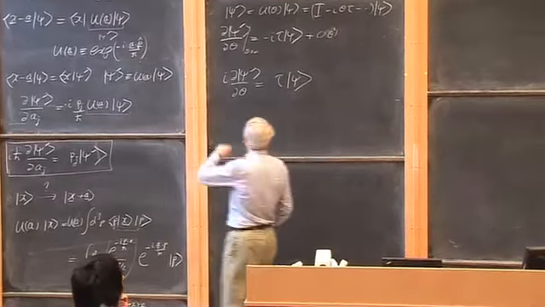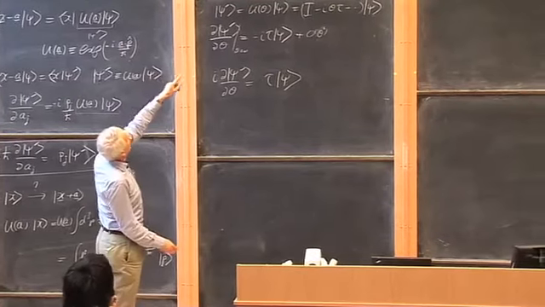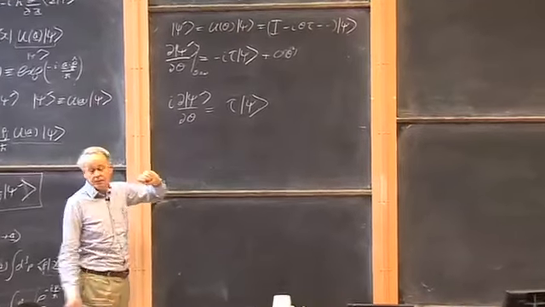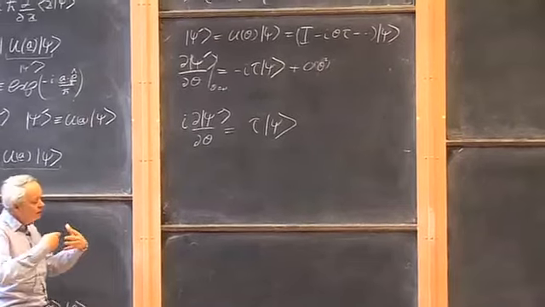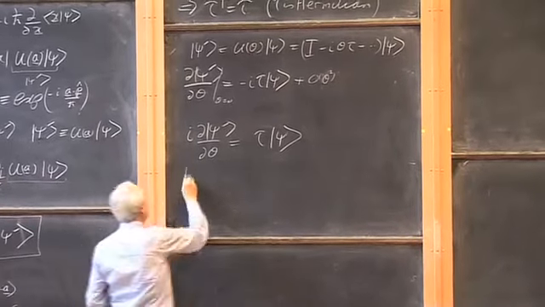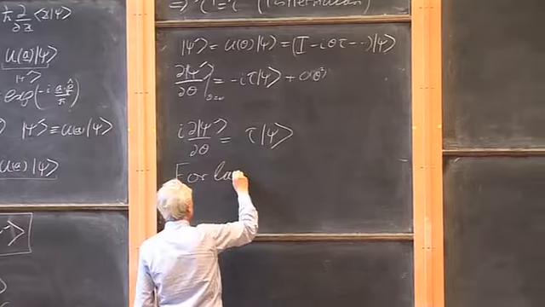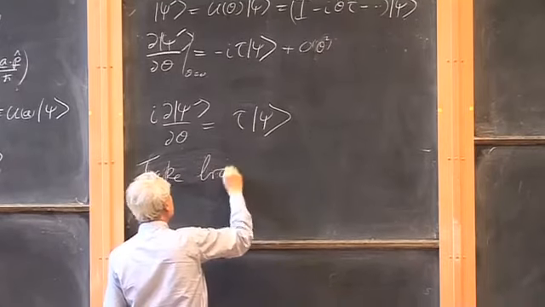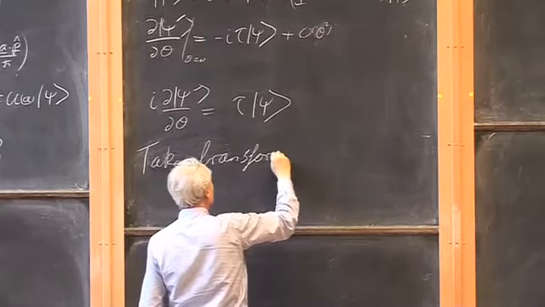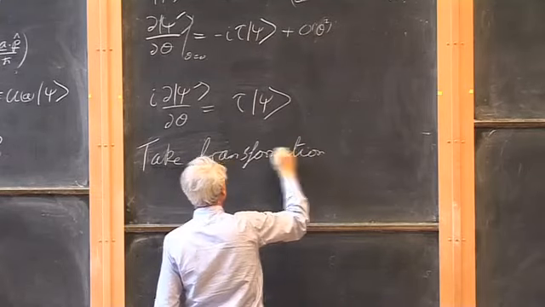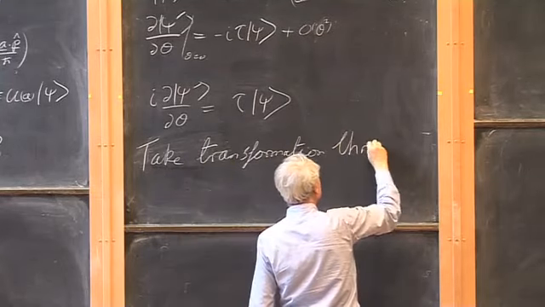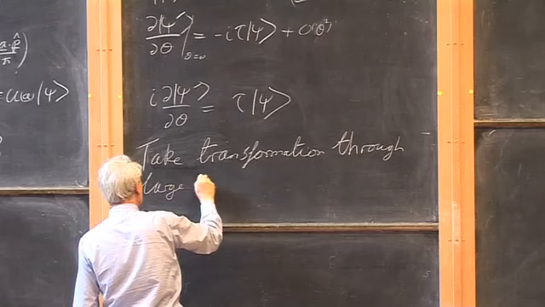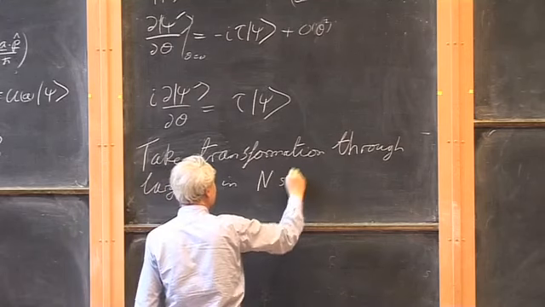And if we want to do so, we've defined tau. Tau came in here through a formula for u of theta when theta is small. We would like to know how to do u of theta even when theta is large. So for large theta, what we should say is take a transformation through large theta in n steps.